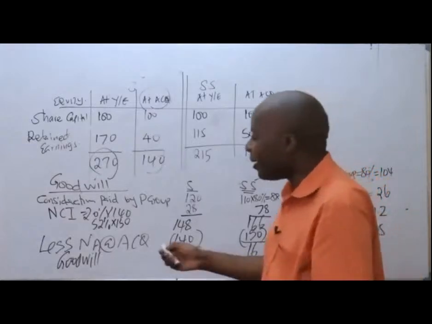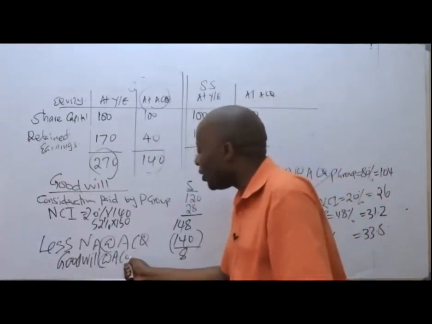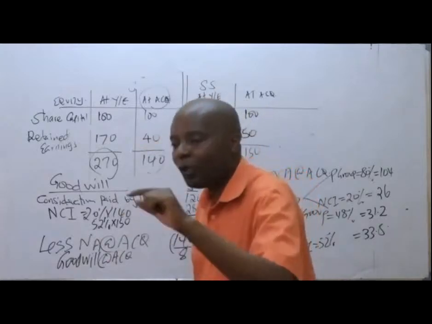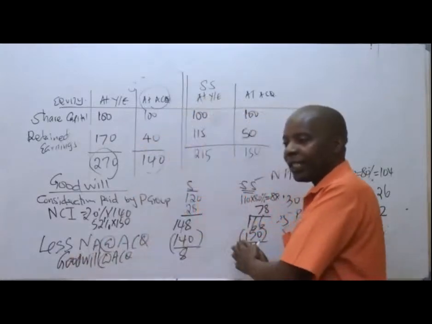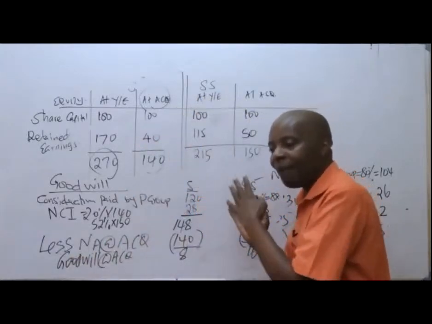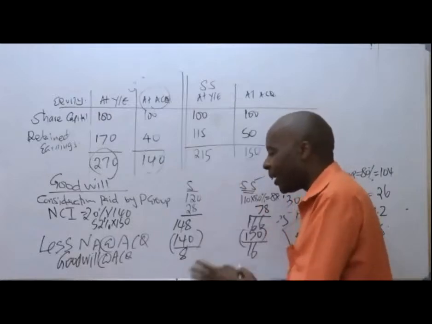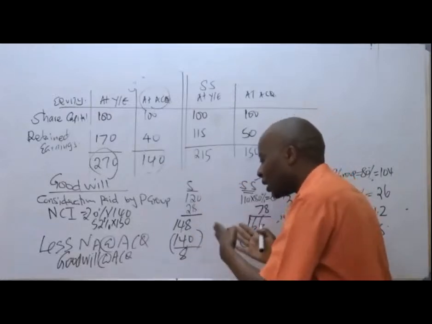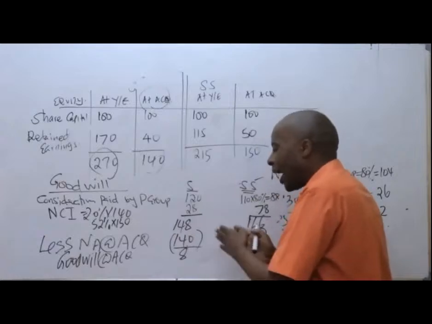Ladies and gentlemen, remember this is goodwill at acquisition. If, for example, you were given the concept of impairment, I would have subtracted. But here there is nothing like impairment. So in this case, the goodwill that we have at acquisition will be exactly equal to the goodwill at reporting.